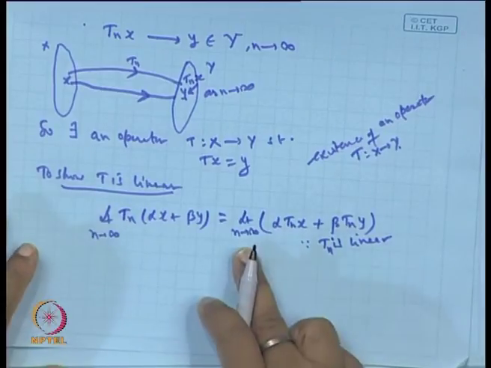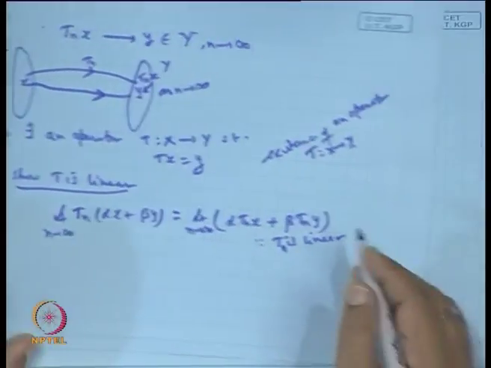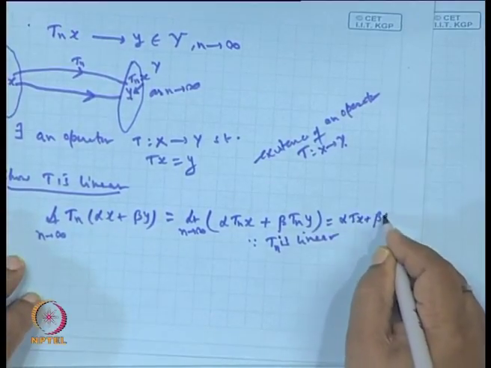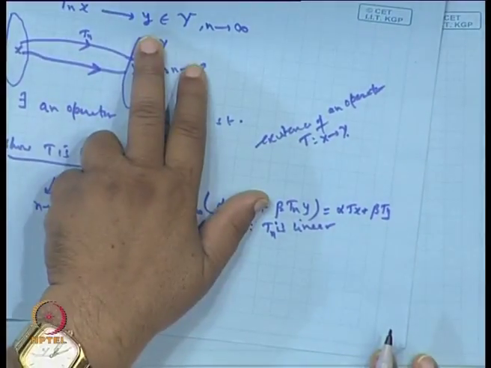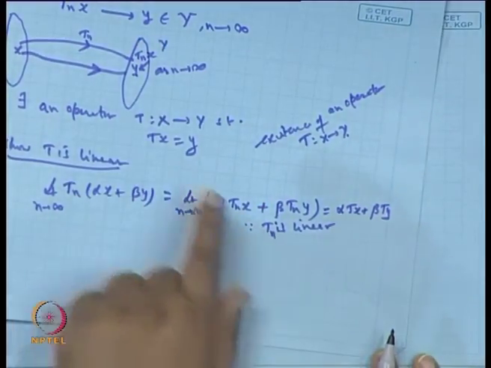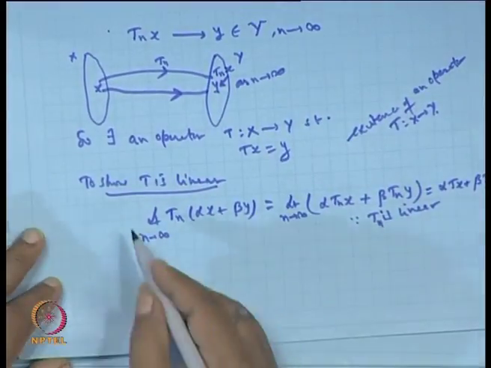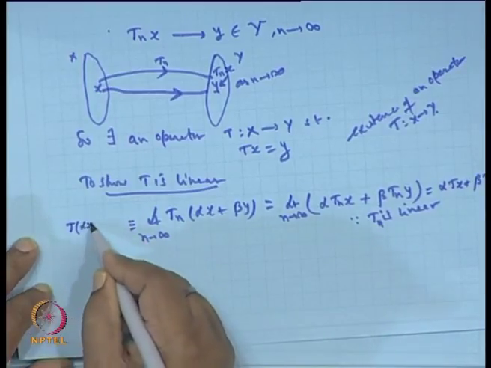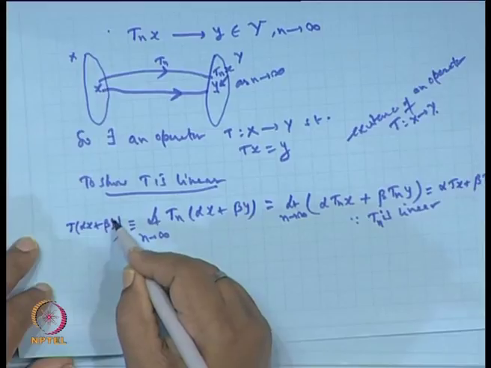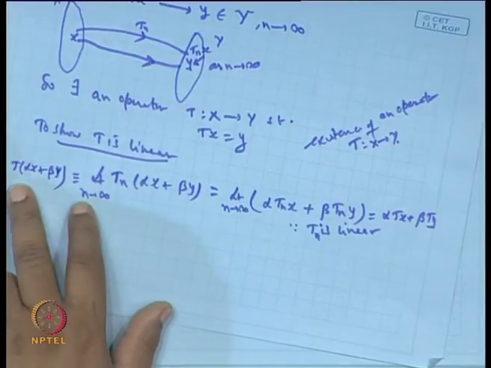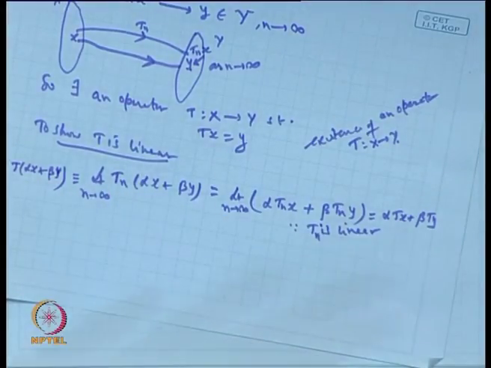And then when you take the limit here, finally you get alpha T x plus beta T y, because we are denoting the limiting value of T n by T. This can also be written as T of (alpha x plus beta y). So, T satisfies this condition. So, T is linear. Is it clear?